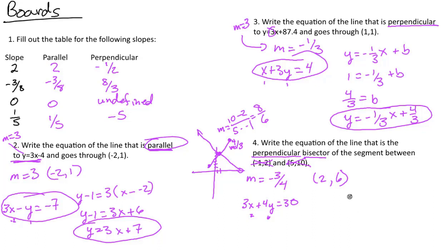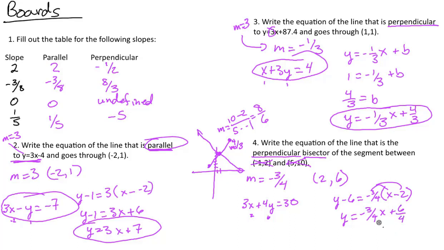All right, let's do point slope form. y minus 6 equals m, negative 3/4, times x minus 2. Again, y minus y1 equals m times x minus x1, and that works. Okay, y equals, let me see, that jumps in, negative 3/4 x plus negative 3/4 times negative 2 is positive 6/4.